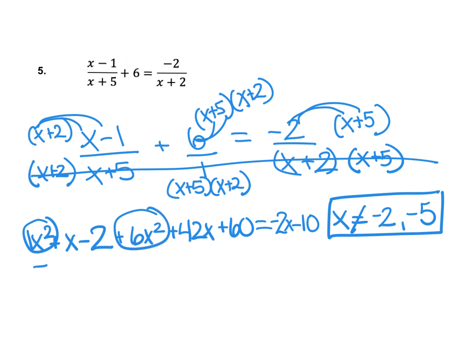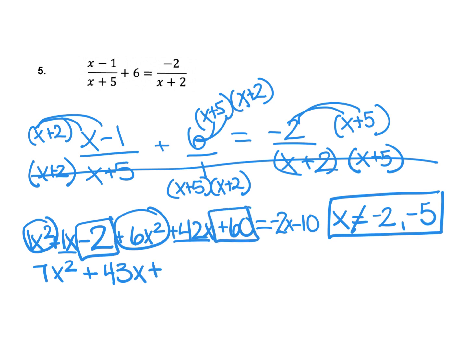We're going to have 7x squared, and I've got a 1x here, so we're going to then have plus 43x, and then combining these, we'll get plus 58 is equal to negative 2x minus 10.